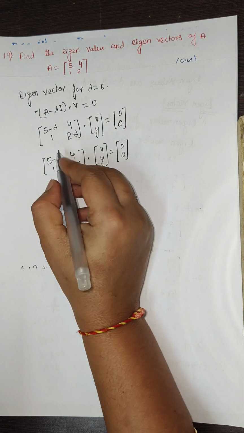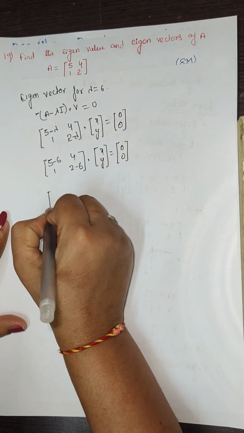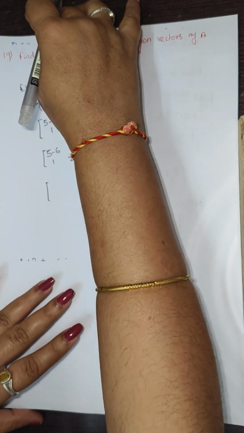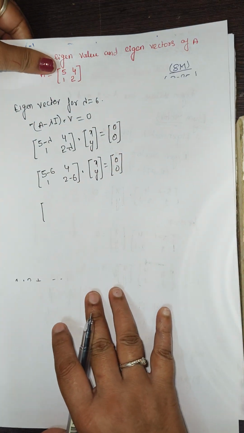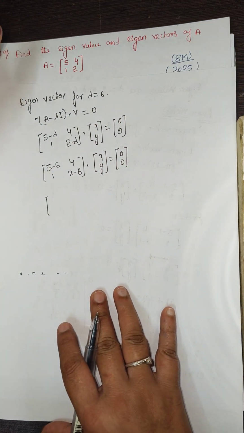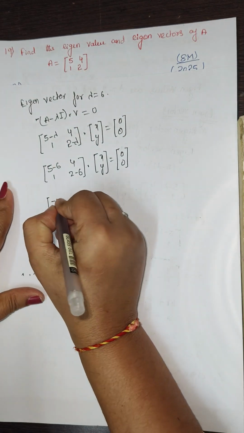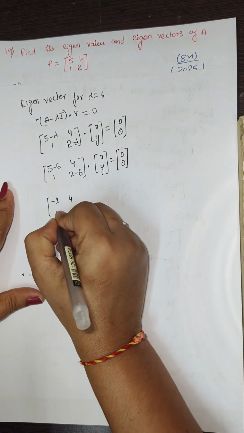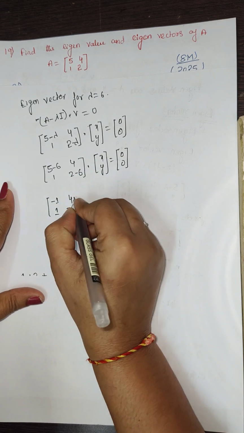Now see here, 5 minus 6 is minus 1, and 2 minus 6 is minus 4.